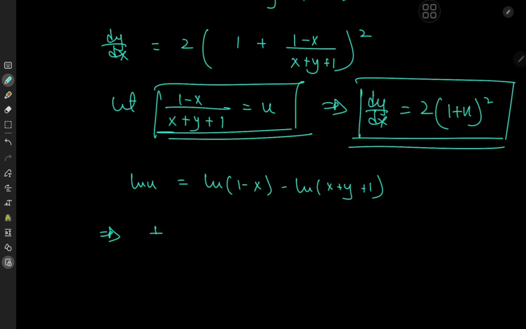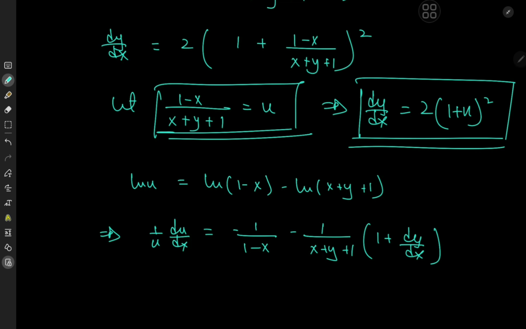On differentiating with respect to x, we have (1/u) du/dx equal to negative 1/(1 - x) minus 1/(x + y + 1), and because of the chain rule, we have (1 + dy/dx).